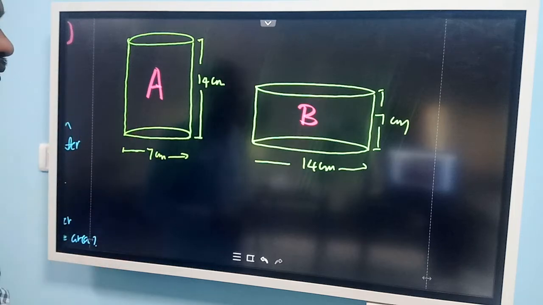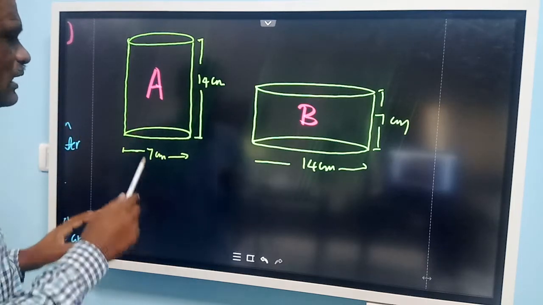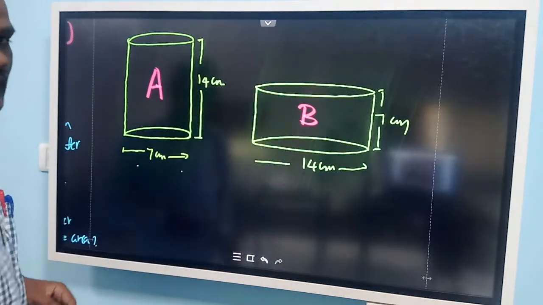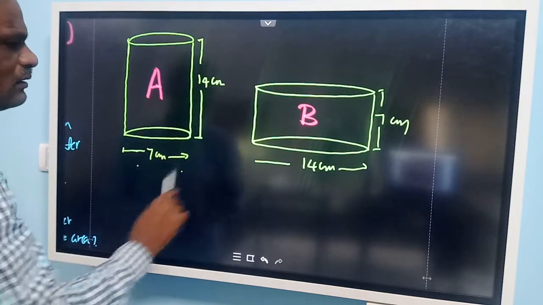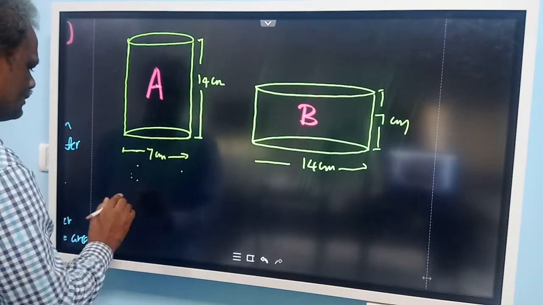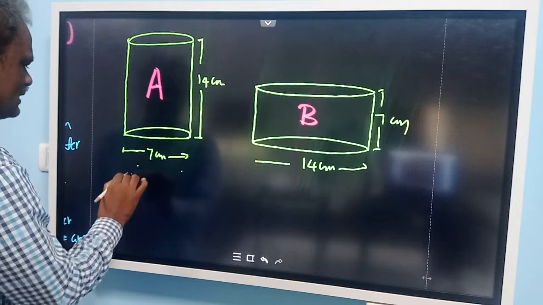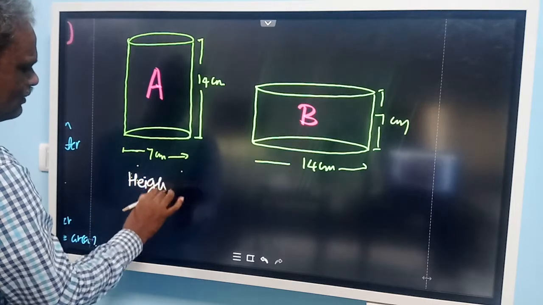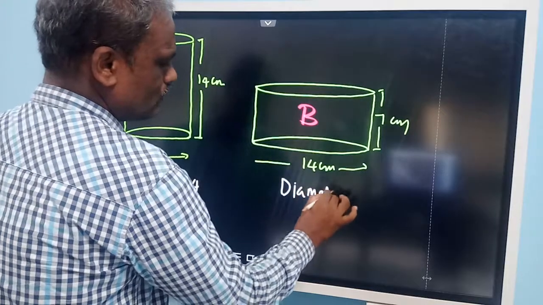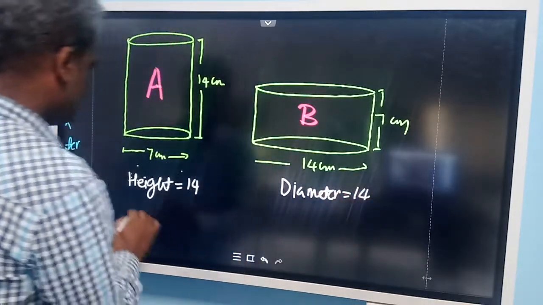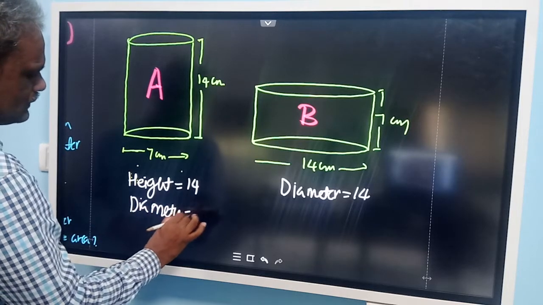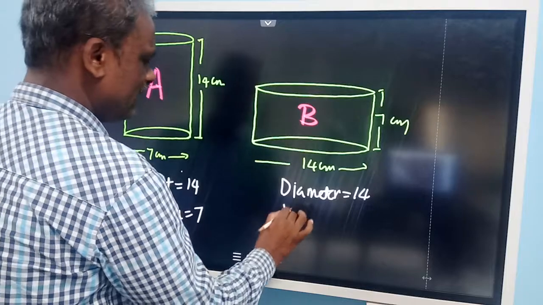My question is, look at the data that is given. Diameter 7, here height is 7. Here height is 14, here diameter is 14. So look at this height, the difference you observe in the diagrams. Here height is 14, here diameter is 14. Here diameter is 7, here height is 7.